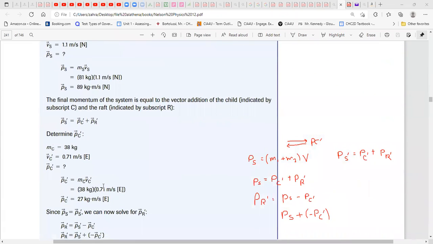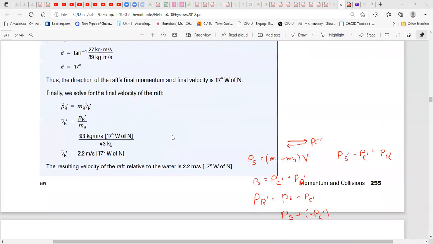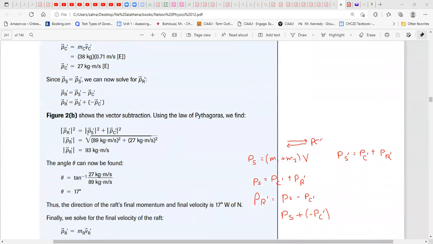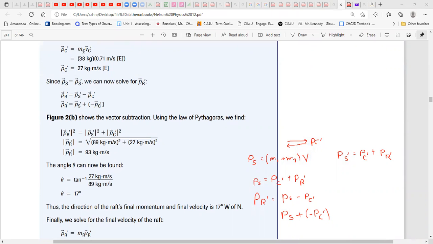Then with these vectors, we use the Pythagorean theorem to find the hypotenuse, PR prime. The mass of the child multiplied by the velocity of the child gives PC prime, which is 27, and PS is 89. Using the Pythagorean theorem, we can find PR prime of the raft.